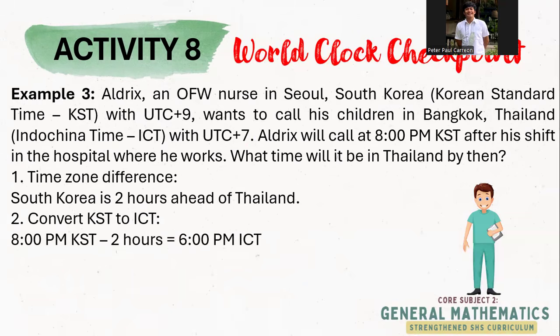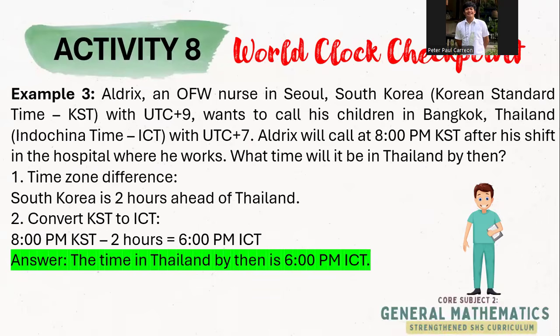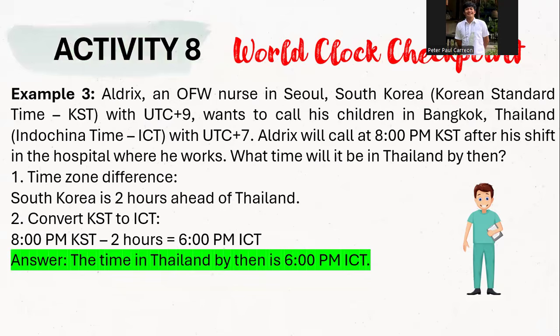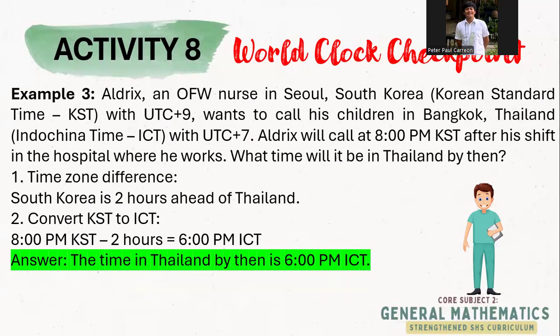We have 8 p.m. Korean time minus 2 hours, so that would be 6 p.m. in Thailand. So his children should answer the phone call at 6 p.m. Bangkok time. This problem is an implication that OFWs rely on this to stay connected with their families.